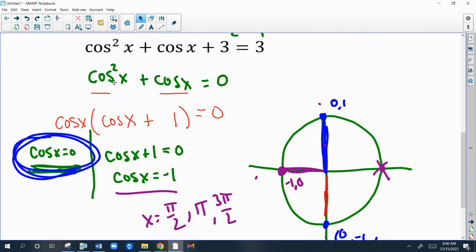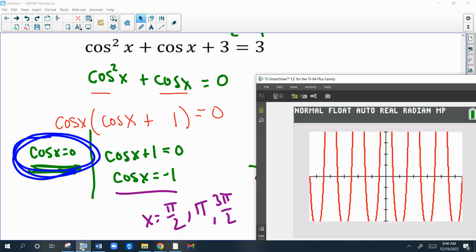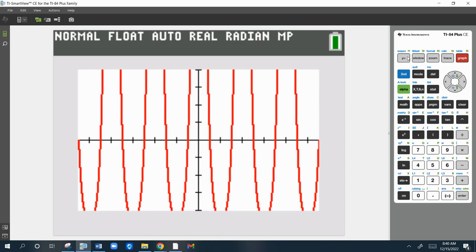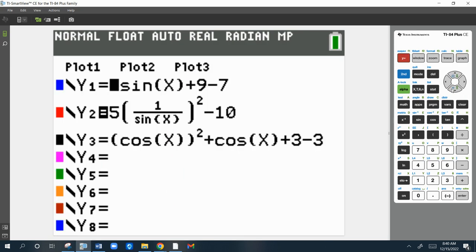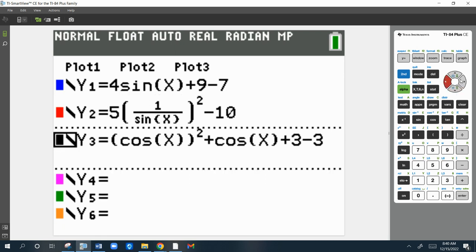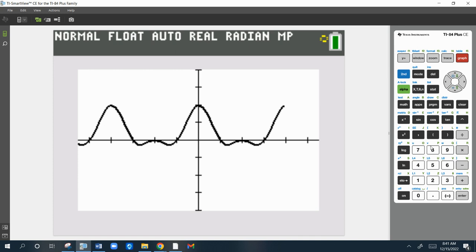Anyhow, next one. I'm just going to quickly turn off the second one and then turn on the third one. And then there's my graph.